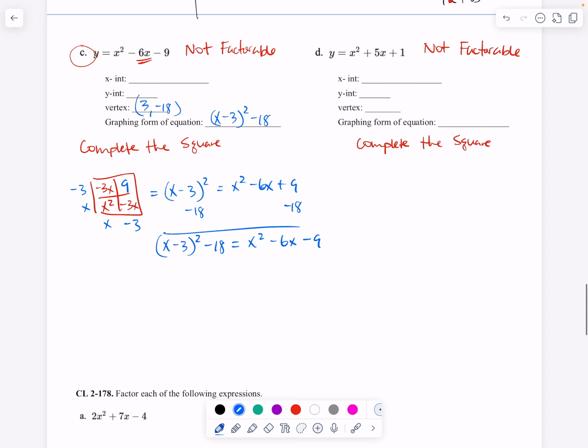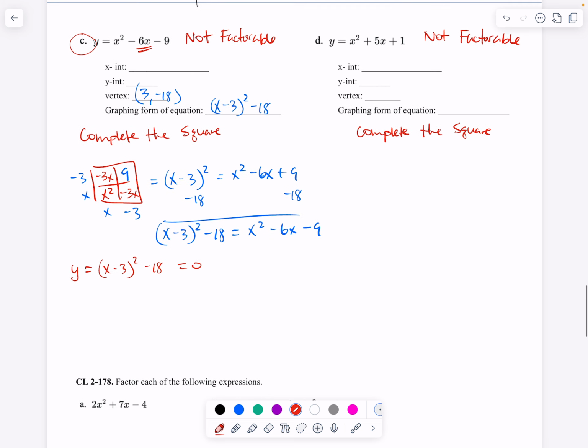If I want to find the x-intercepts, I can take this form of the equation, y equals x minus 3 squared minus 18, and set it equal to 0, and solve. So this will give me the x-intercepts. So 0 equals x minus 3 squared minus 18.